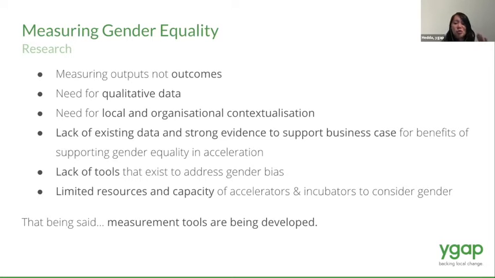We know that this is challenging, and it becomes even more challenging when we start thinking about gender in different contexts and different languages, as well as the intersectionality of gender, so when we think about race and sexual identity on top of that. This also leads us to the need for local and organizational contextualization.